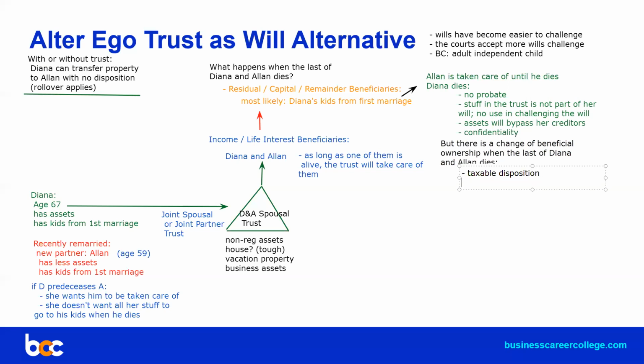And that taxable disposition can either happen to the trust or to the terminal tax return. Okay. Any questions there?